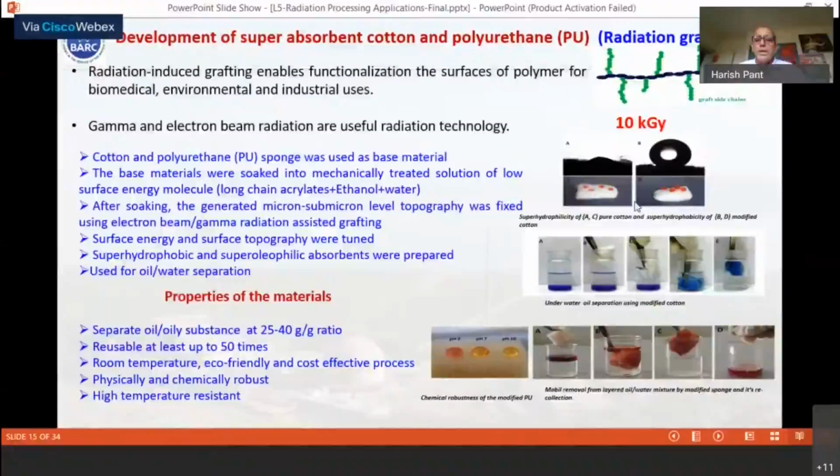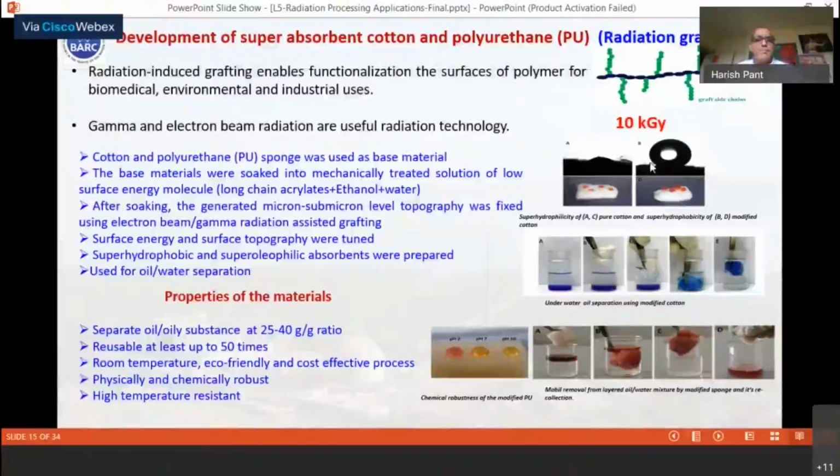Using the same process, the PU sponge, which is just waste, can be treated. There is a lot of PU sponge waste in the industry, and that waste can be treated by radiation and made into a useful product.